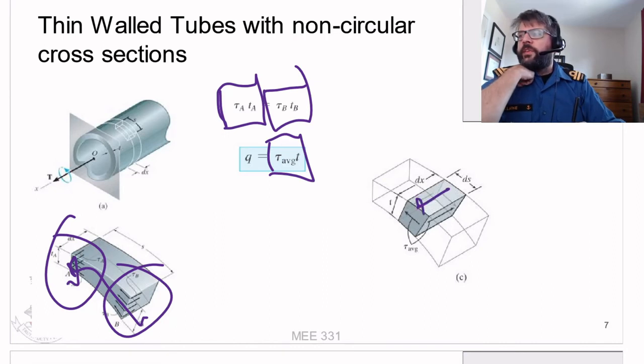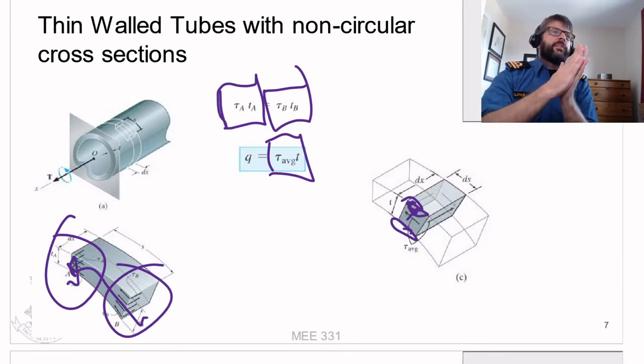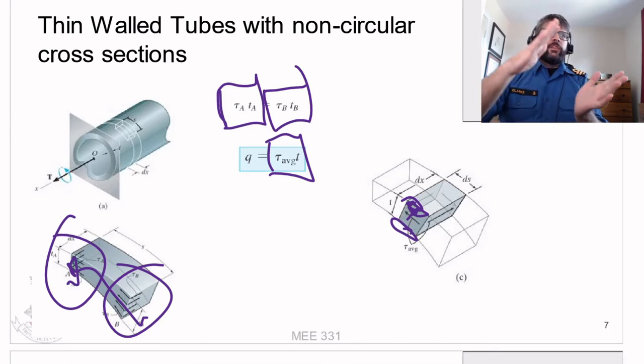There are no forces in this direction or that direction, which also means at the corner there can't be any stresses close to this line or that line. If you're thin enough, there's no room for any stresses to arise.